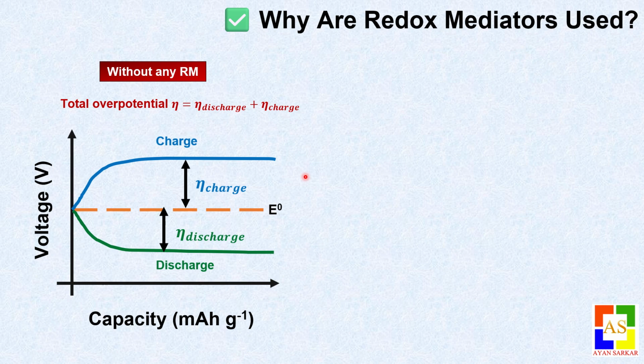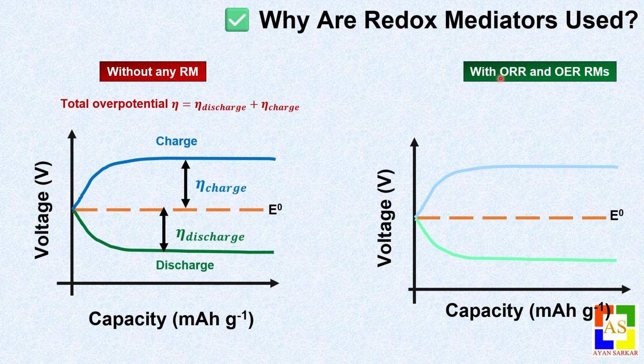Now if we use redox mediators, suppose we use both ORR and OER redox mediators, what will happen? These curves are without redox mediators. As you can see, this is the theoretical cell voltage. Now if we use an ORR redox mediator, that will help increase the discharge voltage. So you can see the discharge overpotential is also reduced.